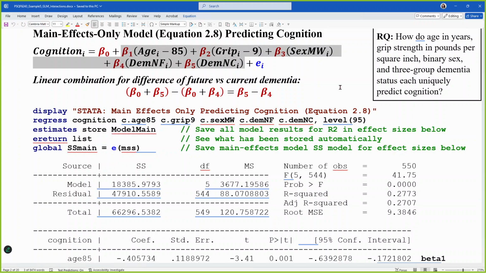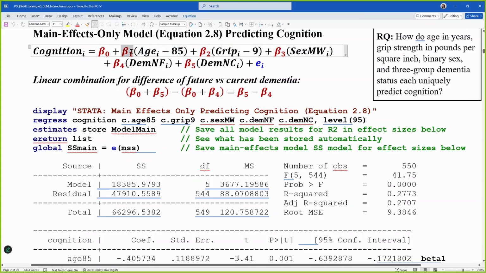These are all marginal, meaning that without any interaction terms, beta 1 is the change in cognition per year of age, period, for everybody. Likewise, beta 2 is the change in cognition for a 1-unit difference in grip, period. These two work together to describe the effects of dementia group, where future is the difference for beta 4, current is the difference for beta 5, both relative to none, but they are also marginal effects.